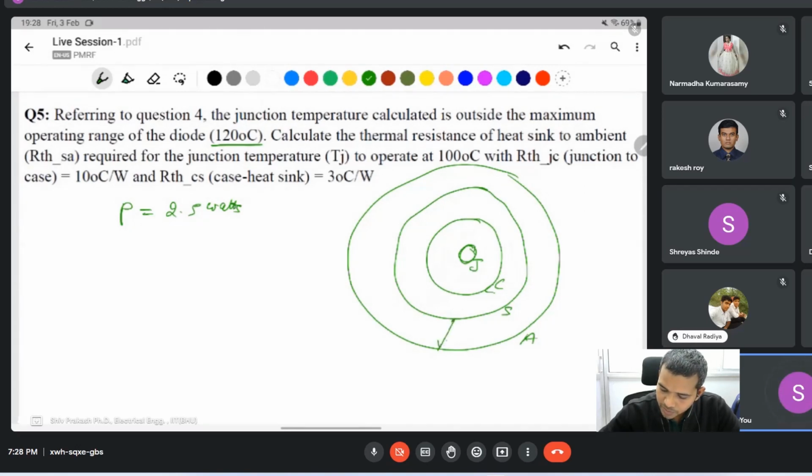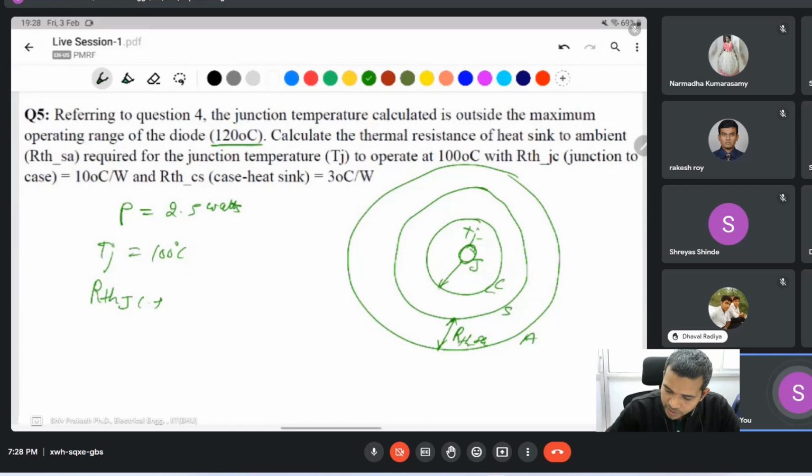As before: junction, case, sink, ambient. The thermal resistance of the heat sink to ambient, RTH SA, is required for the junction temperature TJ to operate at 100 degrees centigrade. The maximum operating temperature is 120 degrees centigrade, but the required junction temperature is 100 degrees centigrade.